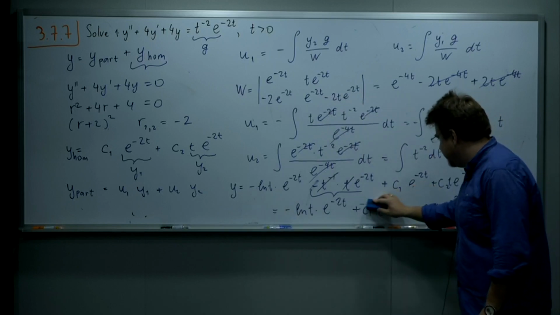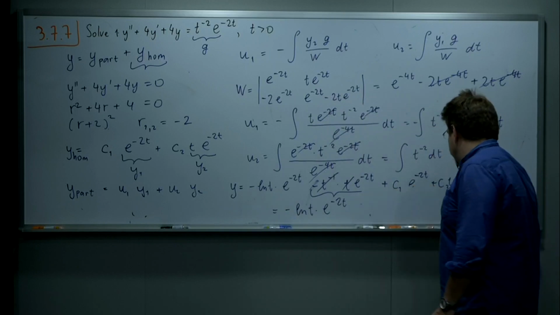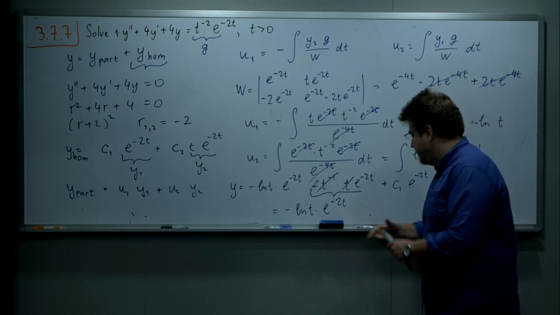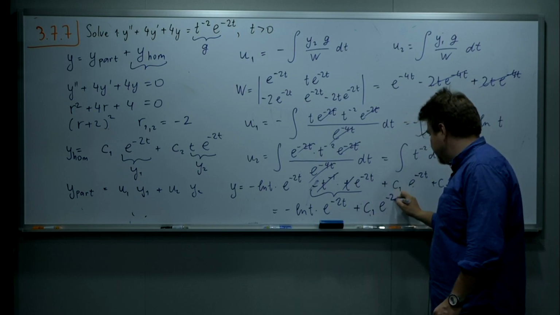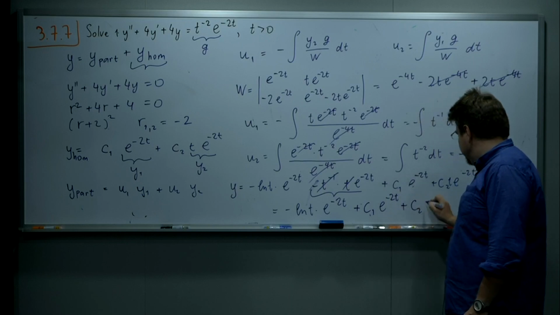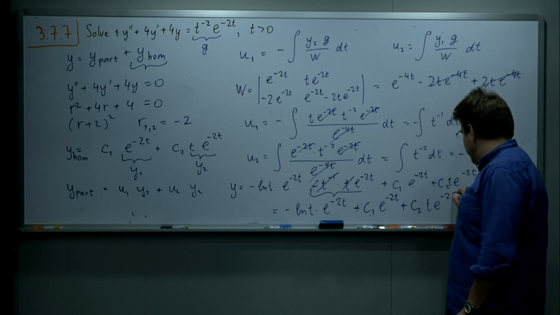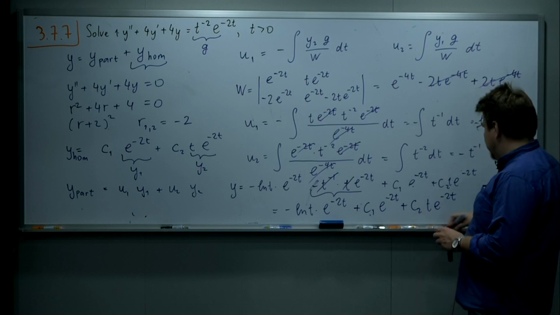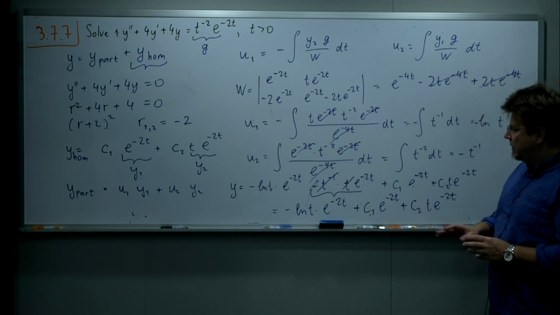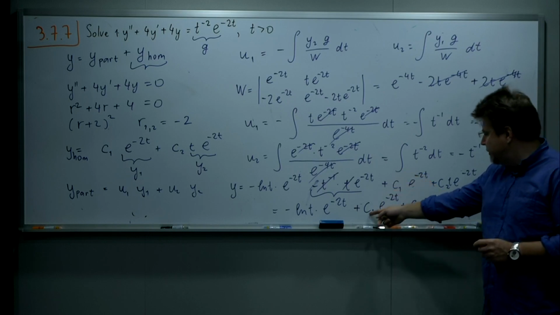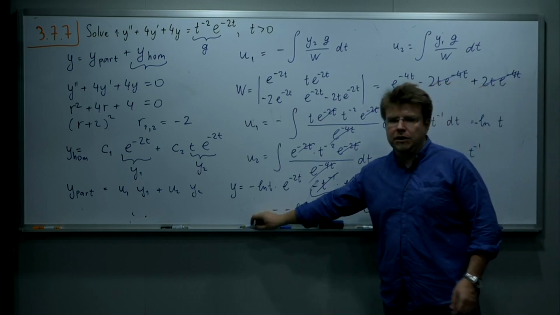Well, let me write it nicer. Plus c1 e to the minus 2t plus c2 t e to the minus 2t. And now if we had an initial value problem, then we could solve for c1 and c2 from the initial value problem.